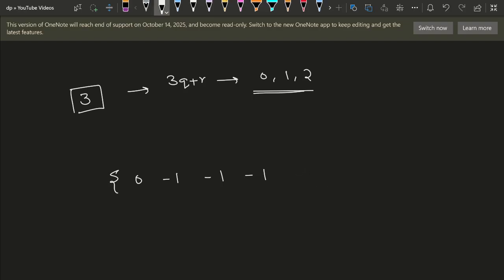Okay, I'll keep here 0 and then minus 1. So if we keep track of subarray sum, at this position it is 0, at this position it's minus 1, it's minus 2, it's minus 3, then at this position it's minus 3, and here it's minus 4.